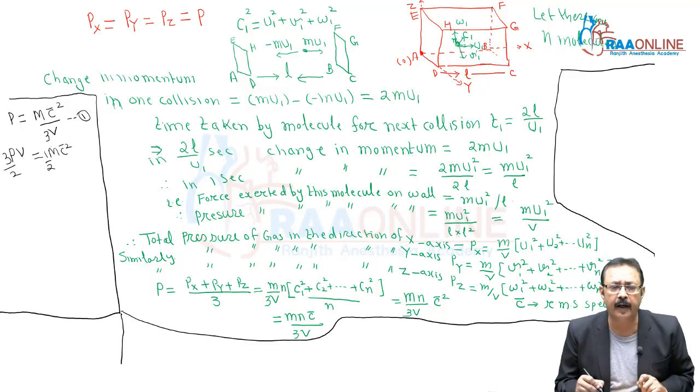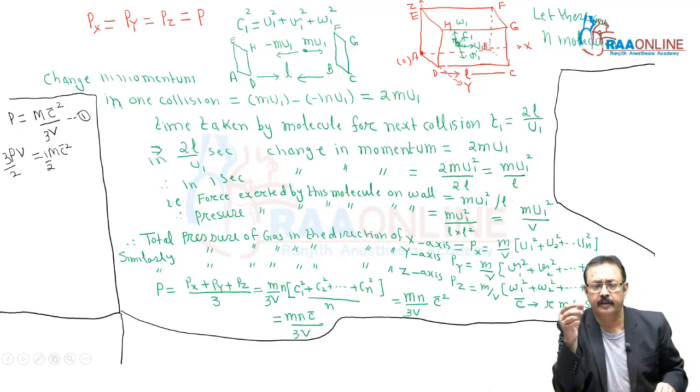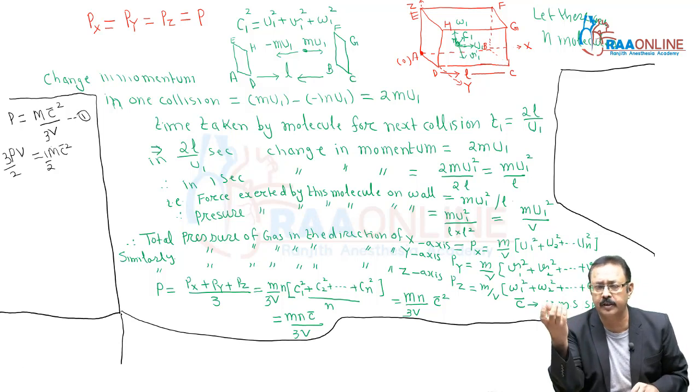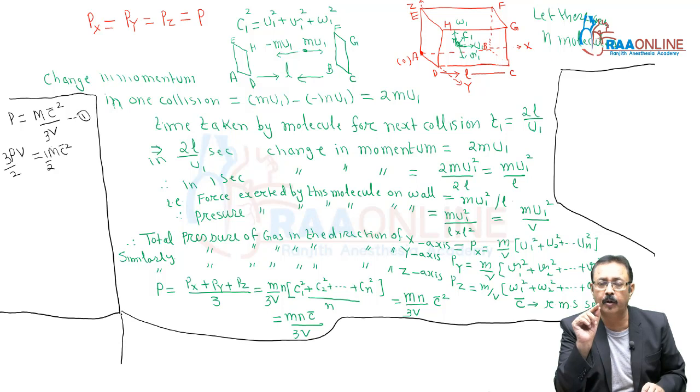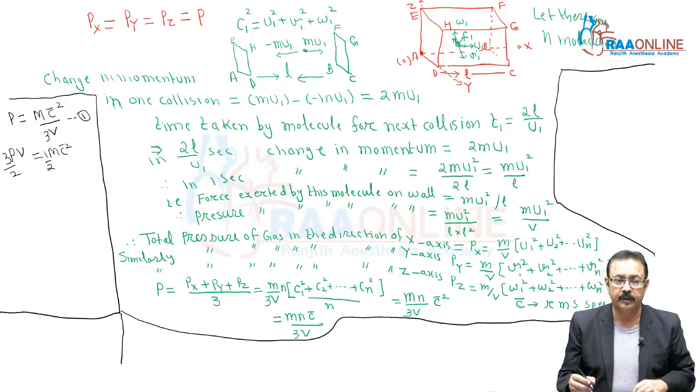Now what is half m c bar square? Half m into velocity square is kinetic energy. Whose mass is m? M is the mass of the whole gas. So the total kinetic energy for the gas is 3 upon 2 PV. So this is again one important result.